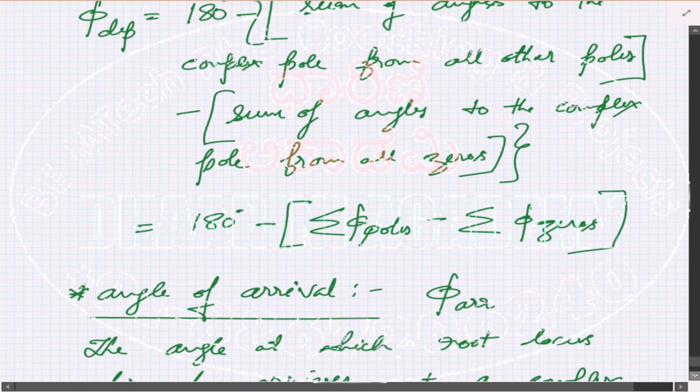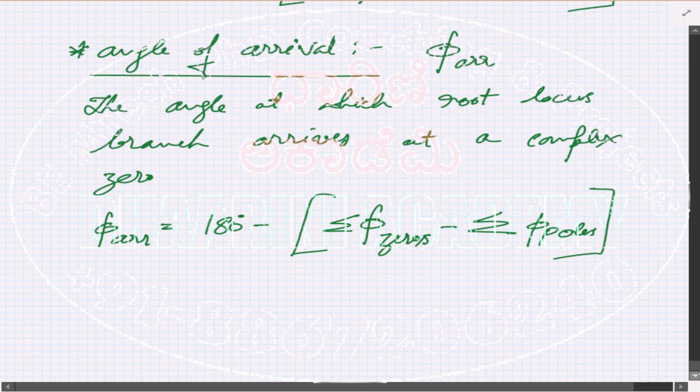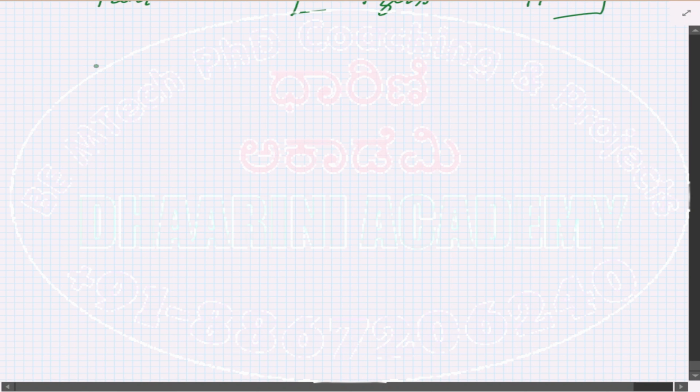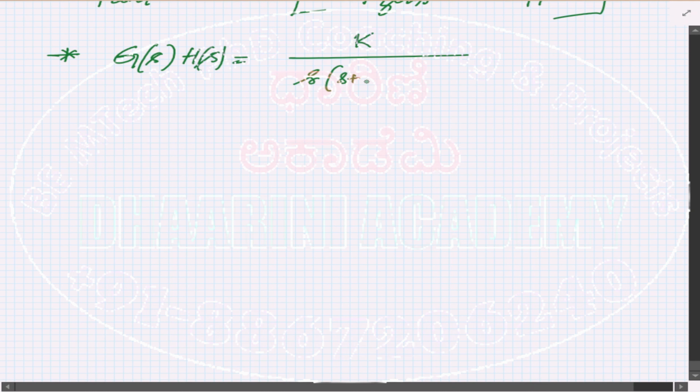Once we solve everything, we will know the exact shape of the curve to be plotted. All right, so this is problem number one. Plot the root locus for the system having G(s)H(s) equals K divided by s into (s+1) into (s+2).